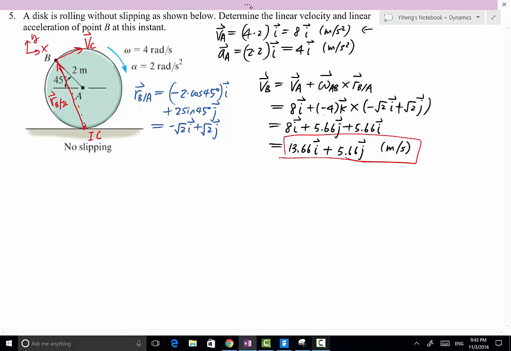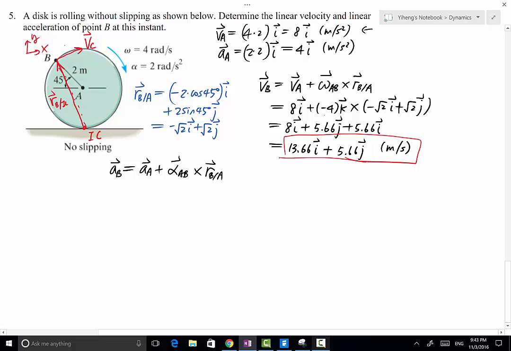And then we move on to write the equation for AB, which equals AA plus alpha AB cross r B with respect to A, minus omega AB squared r B relative to A vector. AB is what we need to find out.